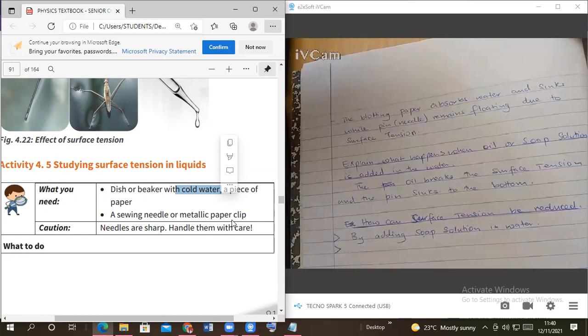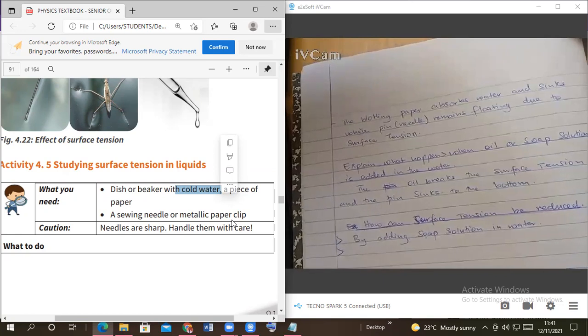That's why sometimes if you use warm water for washing clothes, the dirt comes out faster, isn't it? Yes, because that water has low surface tension, it can easily penetrate in the fibers of the cloth. So how can you reduce surface tension?